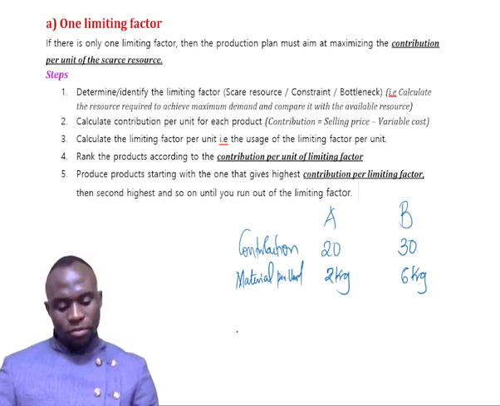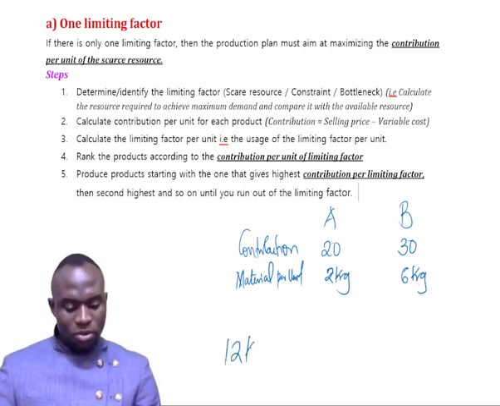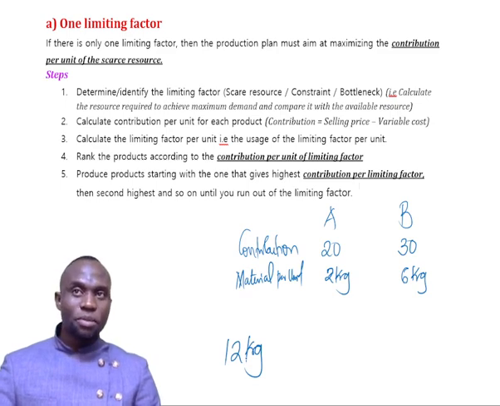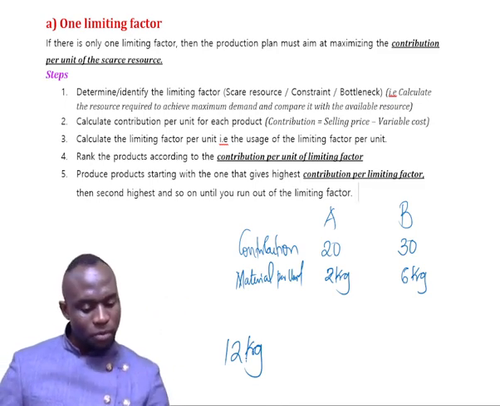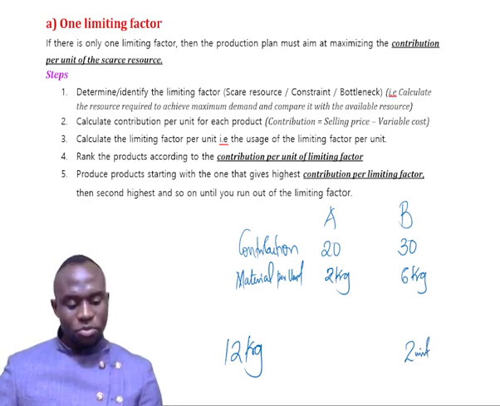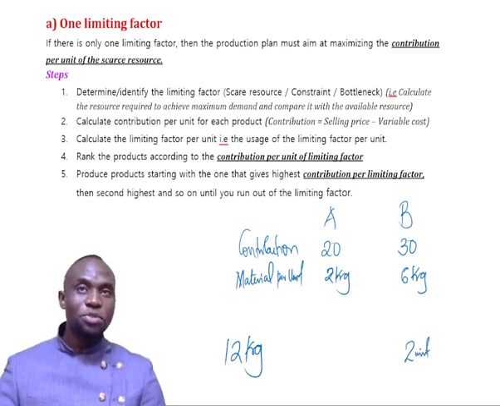Now what if we have 12 kilograms? What would you prefer to produce? If you have 12 kilograms, for product B you can only produce 2 units, since 12 divided by 6 is 2.